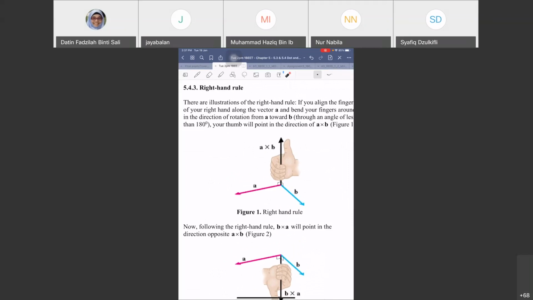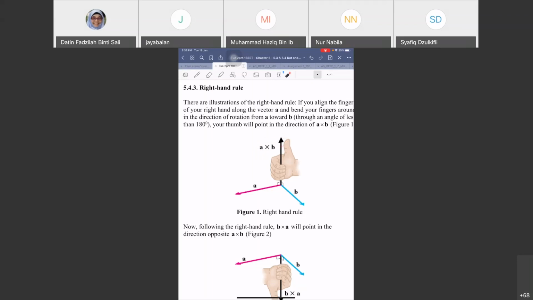In the first diagram, the right hand rule says that for the cross product, you put your hand on vector a, and then you curl your hand towards vector b. Your right thumb is pointing in the direction of the cross product, a vector going up like that.